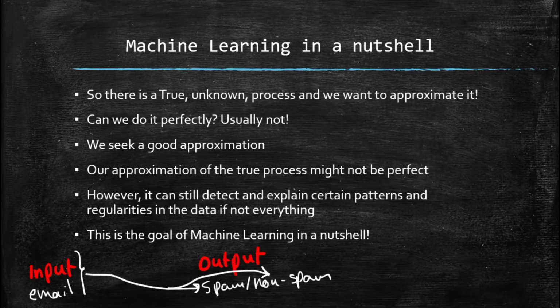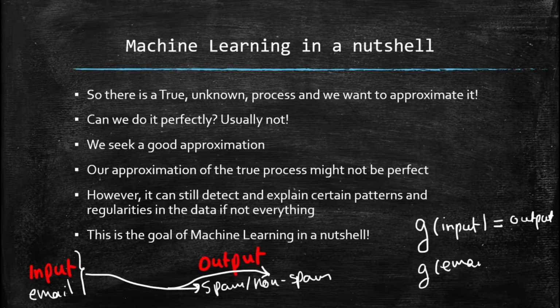Let's call that process G. G gets your input and spits out your output. Namely, G gets your email and magically can tell you whether it's spam or non-spam.